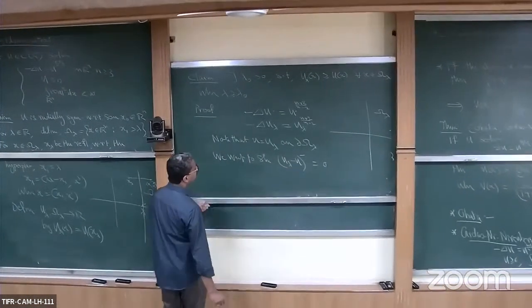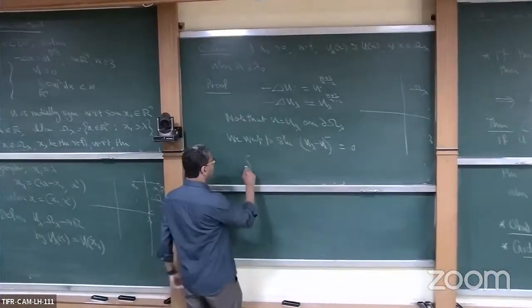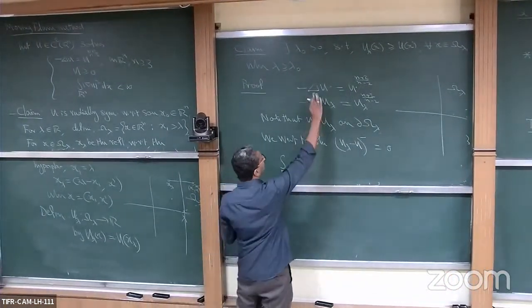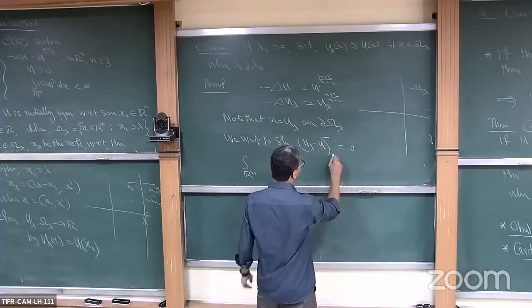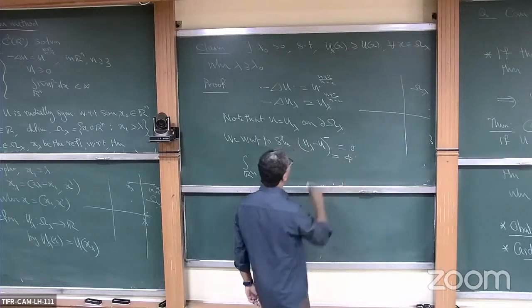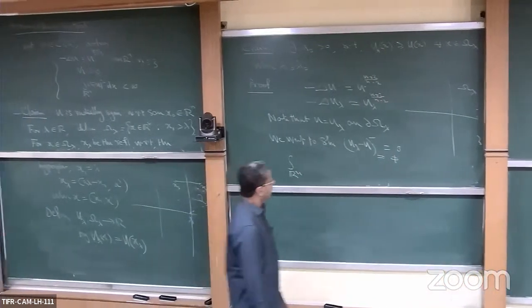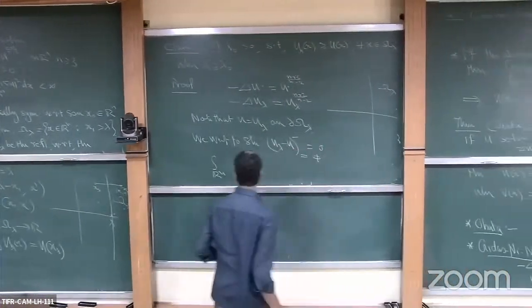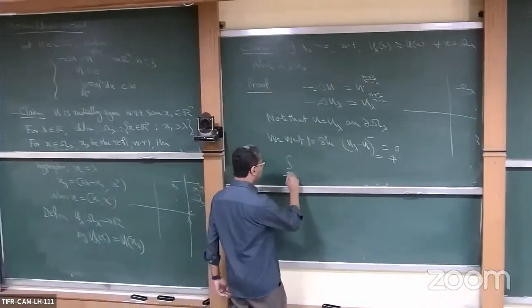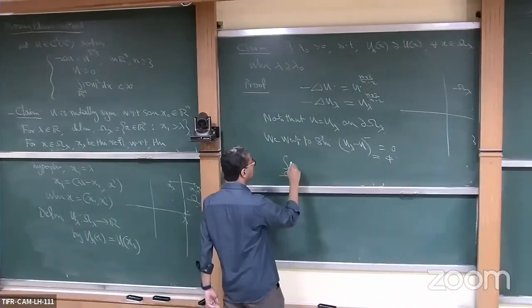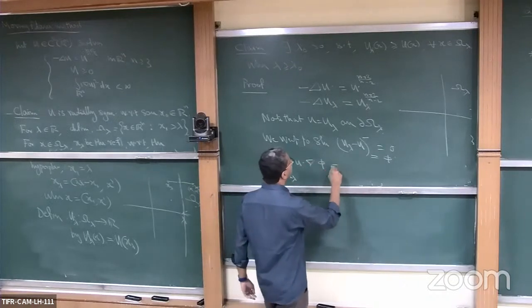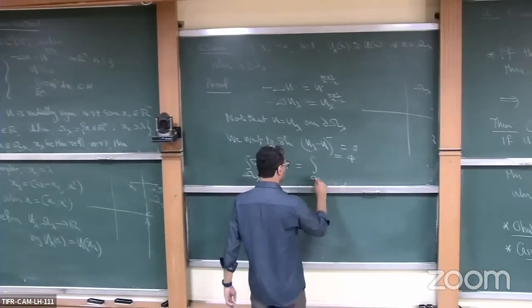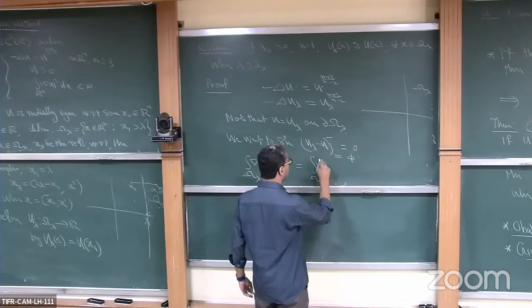Once you do that, you will get the integral over omega lambda of gradient of u dot product gradient of phi, equal to the integral over omega lambda of u to the power (n plus 2)/(n minus 2), the same.